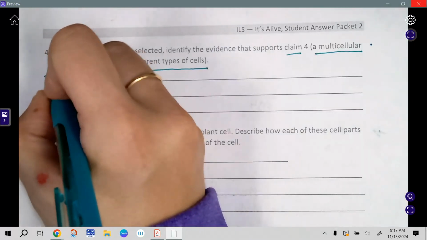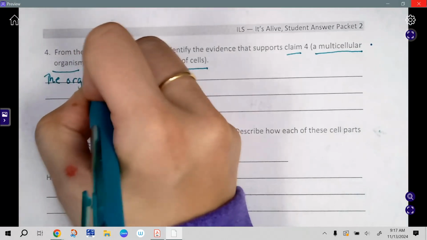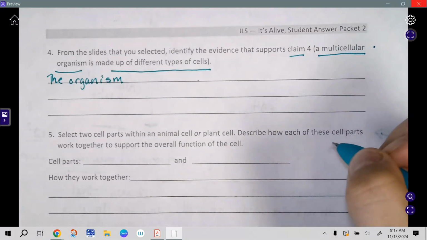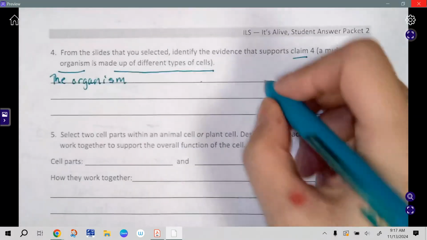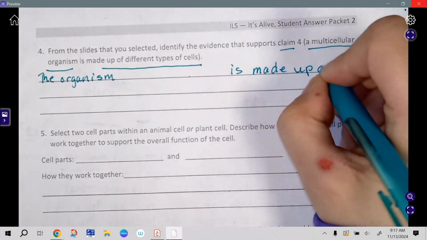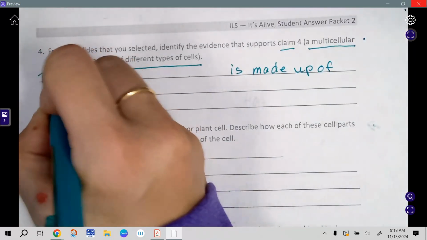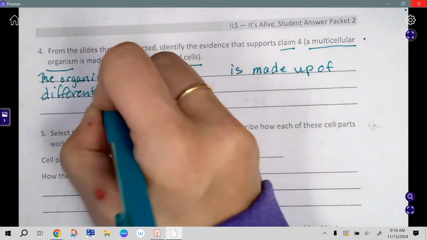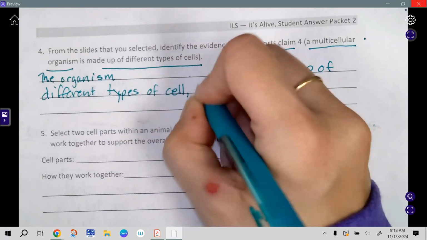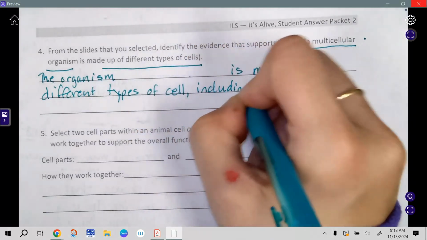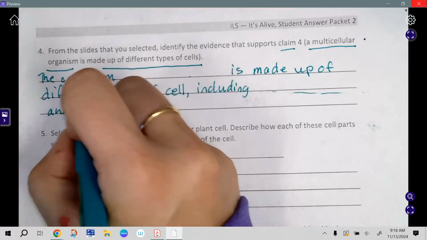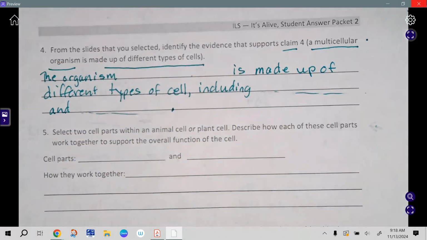So the organism blank, and it's either the onion or the human, is made up of different types of cells, including, and then list the 2 kinds of cells that you did for your observations.